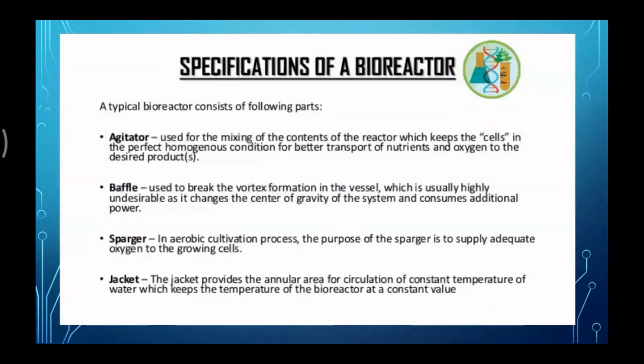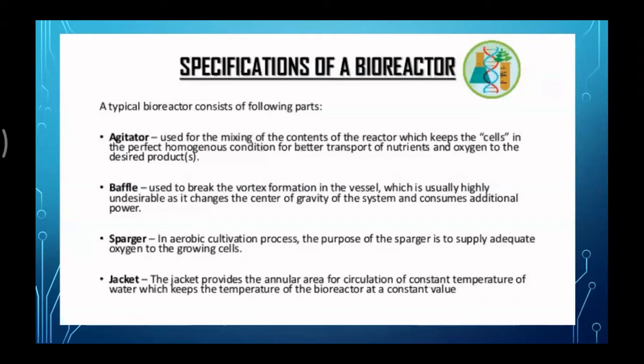These are the important parts present inside the bioreactor: agitator, baffle, sparger and jacket. The agitator makes a perfectly homogeneous condition of our sample and transports the nutrients and oxygen we supplied inside the bioreactor. The baffle is used to break the vortex or the bubbles forming in the vessel.